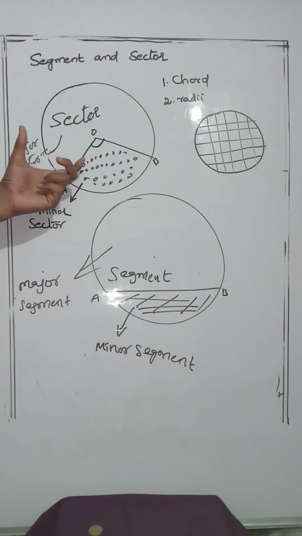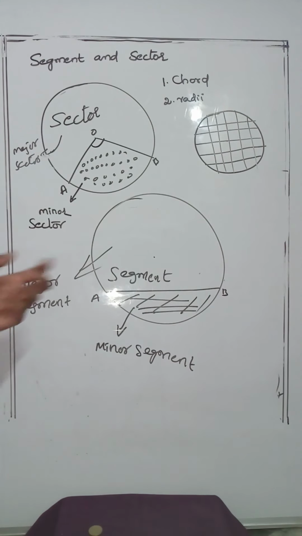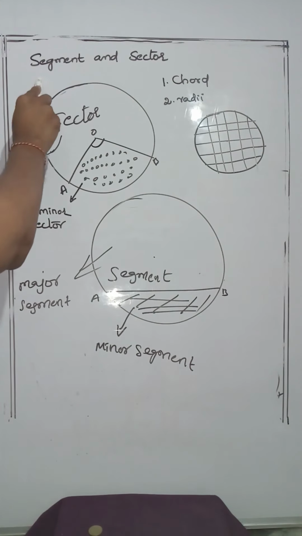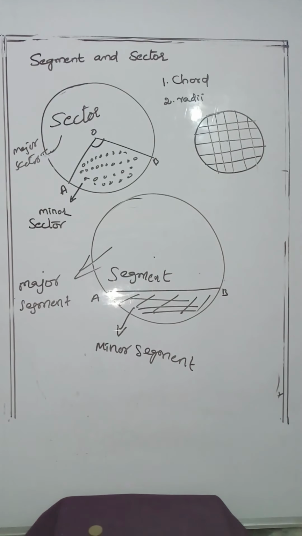In saying the sector, we are giving priority to two things. The first thing is the angle, the second thing is the radii. In saying the segment, we are giving priority to the chord. So there should be a differentiation between this and that. Now the meaning of a segment and the meaning of a sector is very clear.